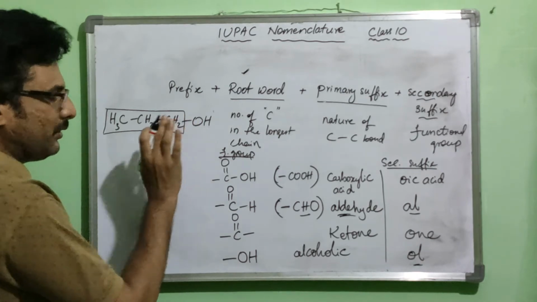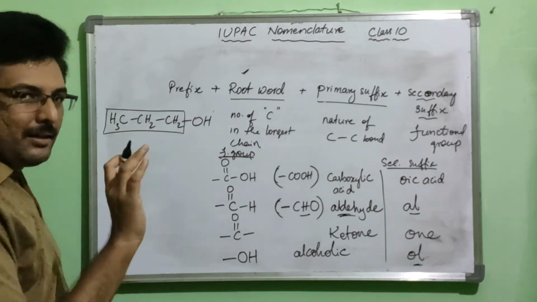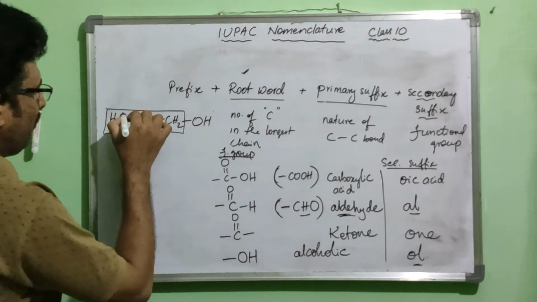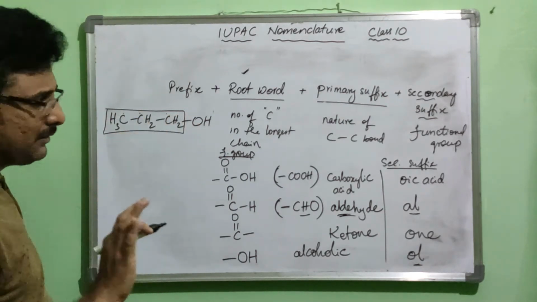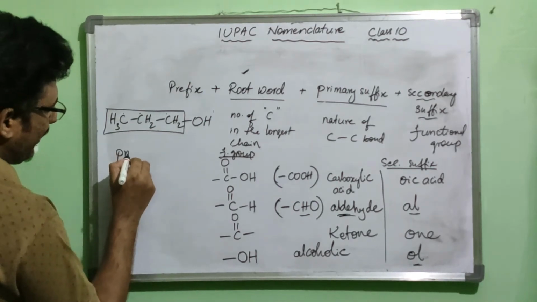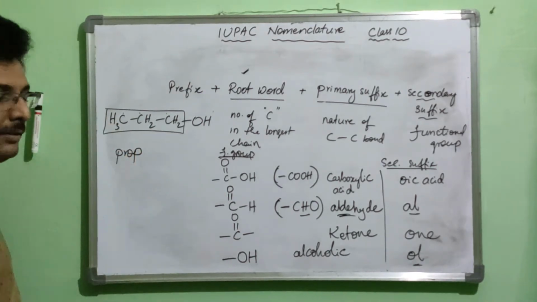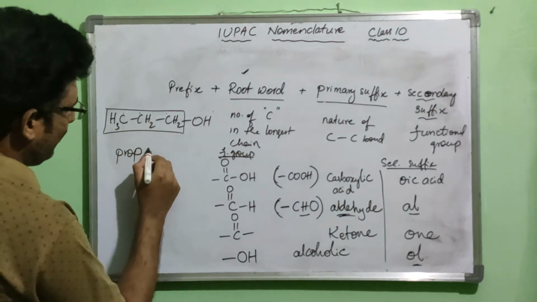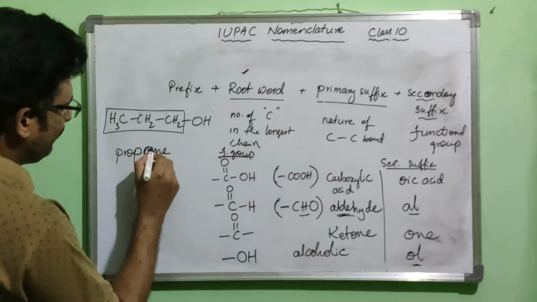You should not include this OH. You have to take the carbon chain only. So in this carbon chain, how many carbons are there? 1, 2, 3. 3 carbons are there. So for 3 carbons you will write prop, and all are single bonds, carbon carbon single bond, carbon carbon single bond. So you will write an.